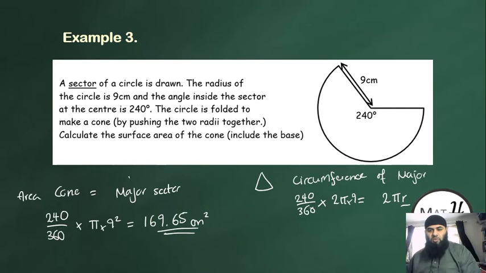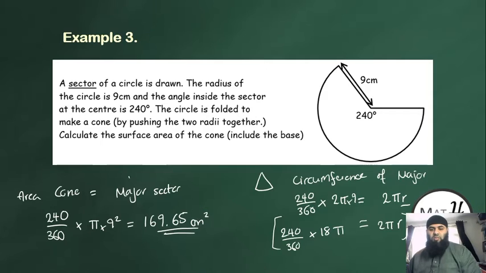When we simplify this, we should get 240 divided by 360 times 18 pi equals 2 pi r. What we can do to both sides is divide both sides by pi, because everything is multiplied by pi, and the same thing in this section over here.